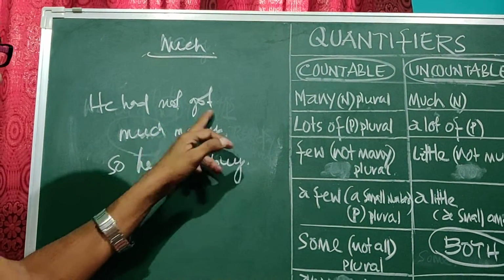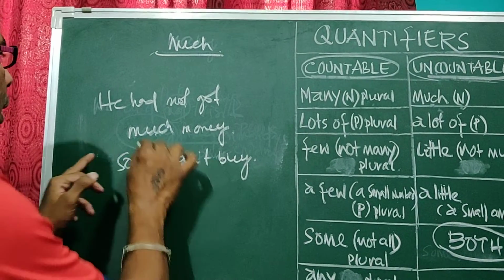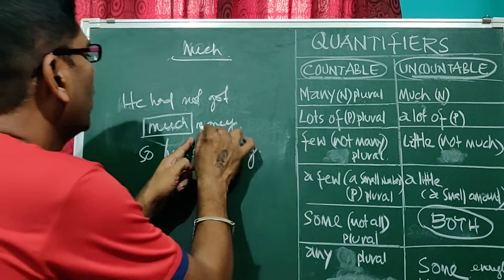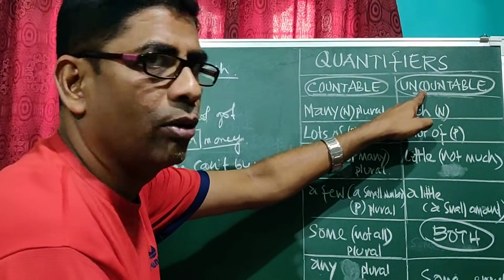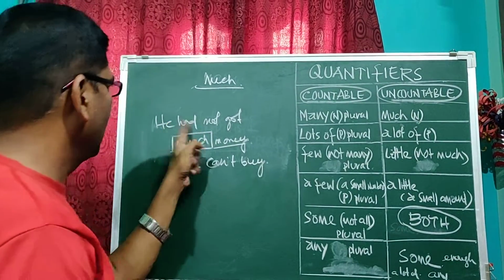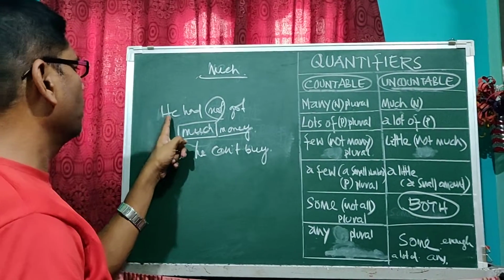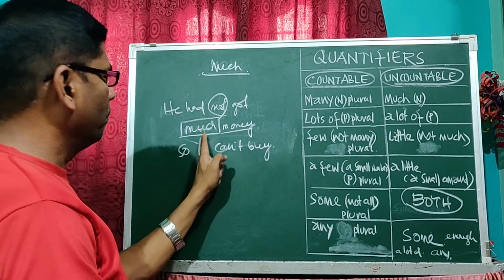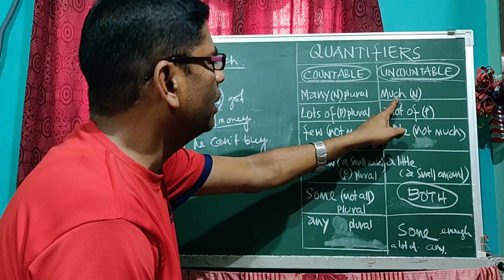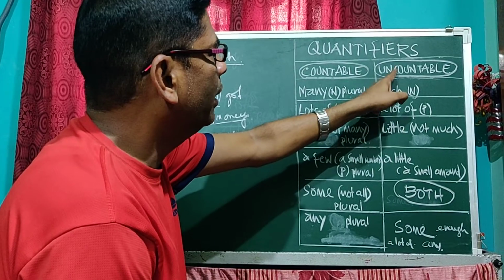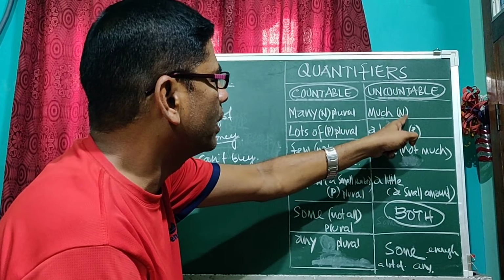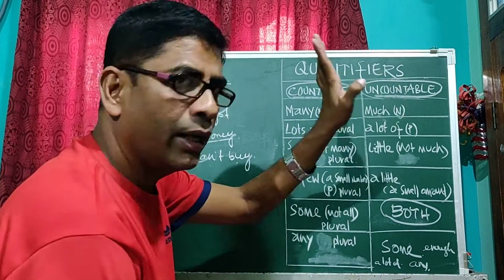Here I used the quantifier much before the word money. Money is uncountable and in a negative sense. So much is a quantifier which can be used with an uncountable noun in a negative sentence. Okay?